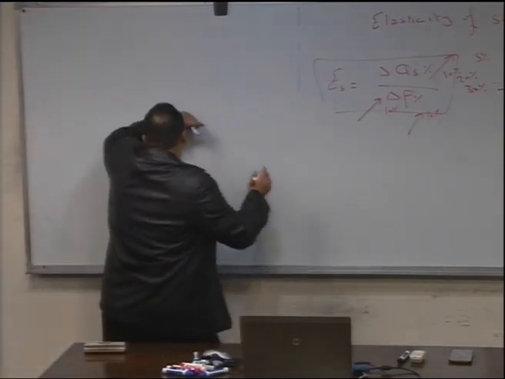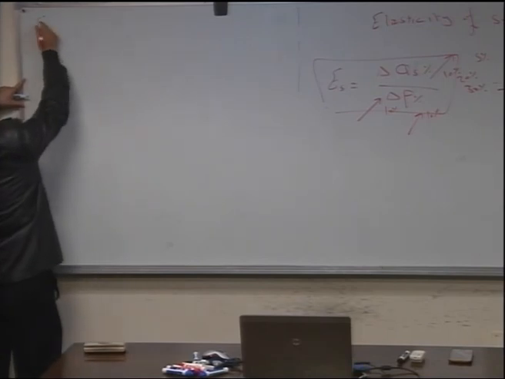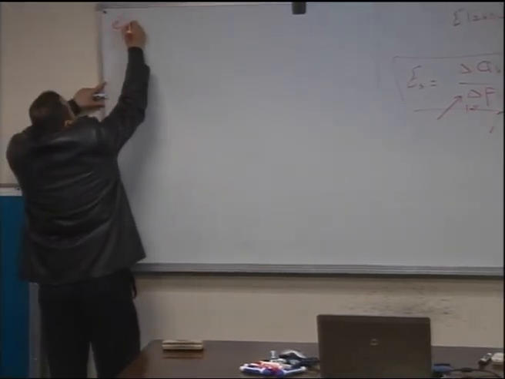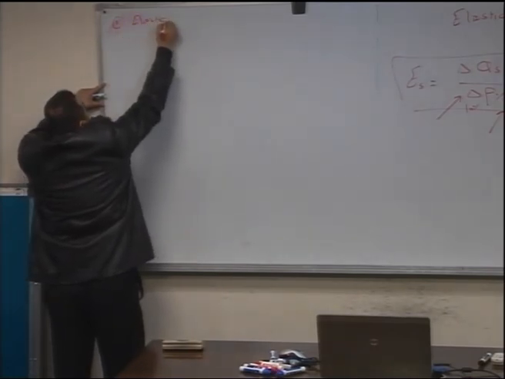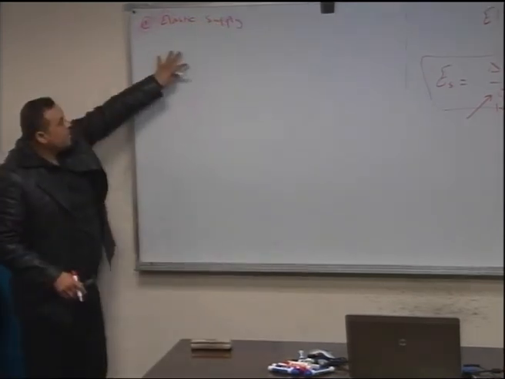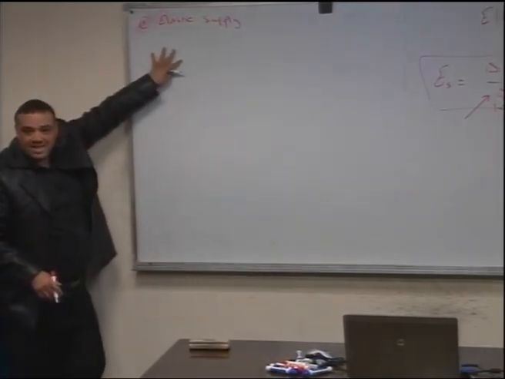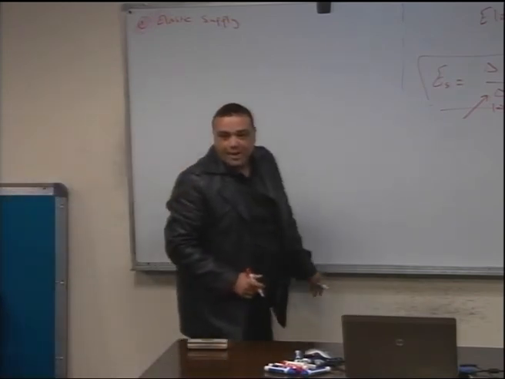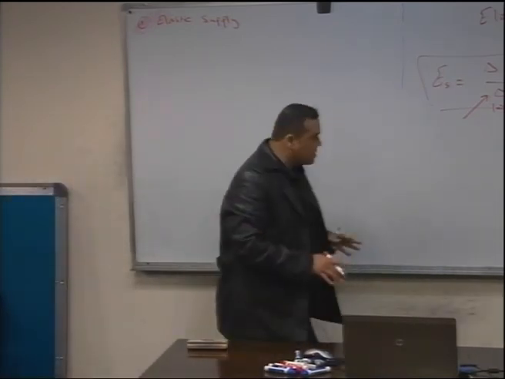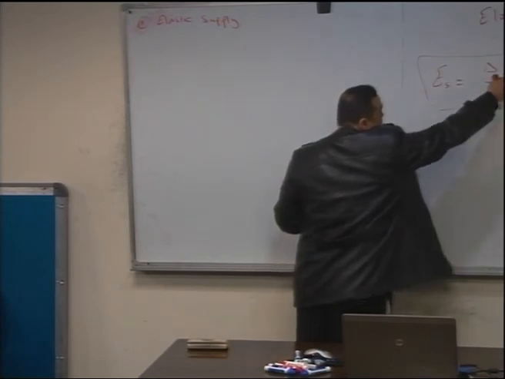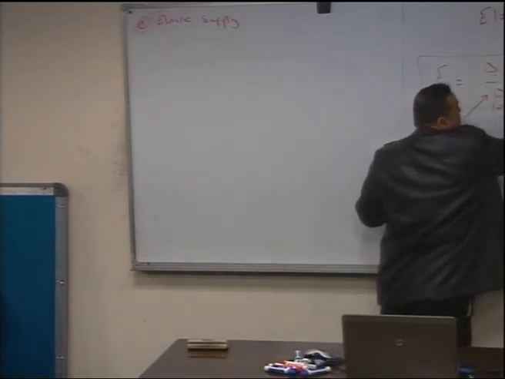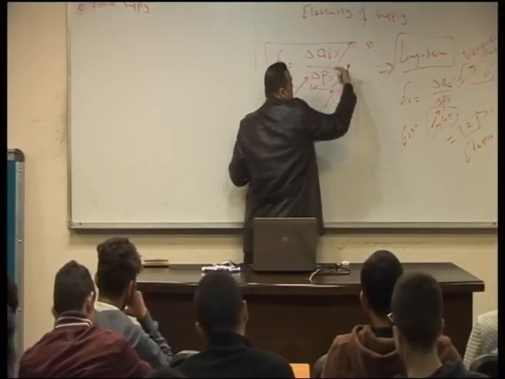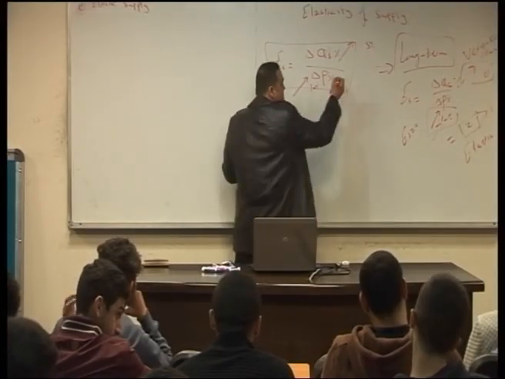Number 1, elastic supply. Elastic supply means that the elasticity of supply is bigger than 1. This means if the price increased by 10%, the quantity supplied increased by larger or greater than 10%. Let's say 15%.